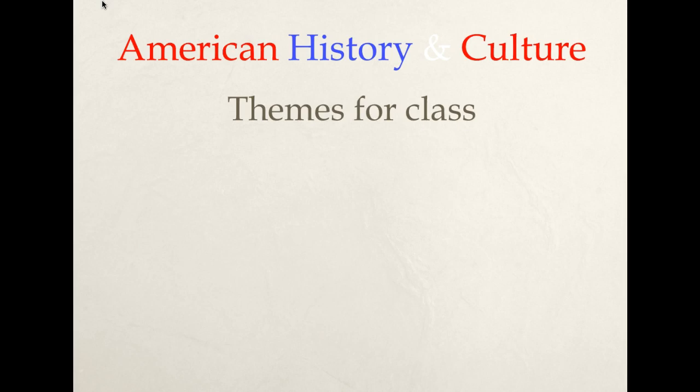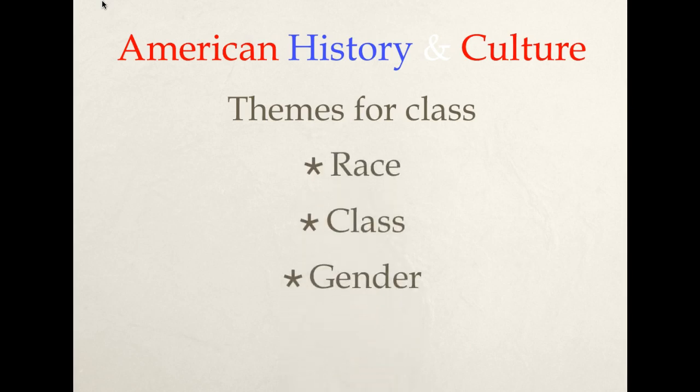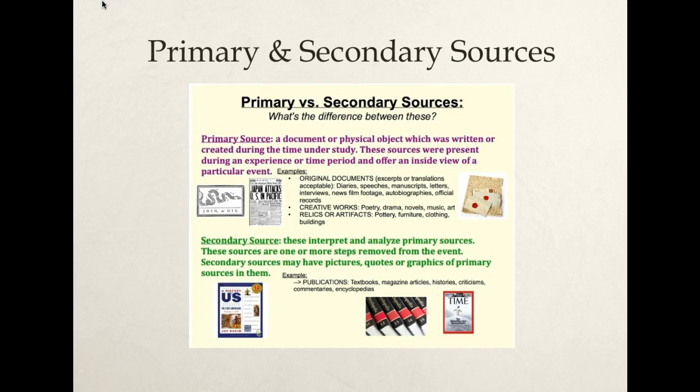We will focus on three main themes: race, class, and gender, looking at how those categories have been understood at different periods of time, how they have changed, and how ideas about those categories have influenced one another. These are big, controversial topics, and class exchanges should be invigorating and thoughtful, with respect paid to differing opinions.